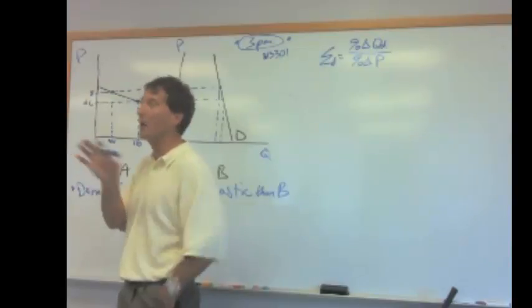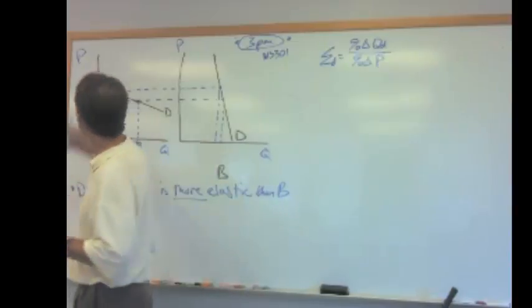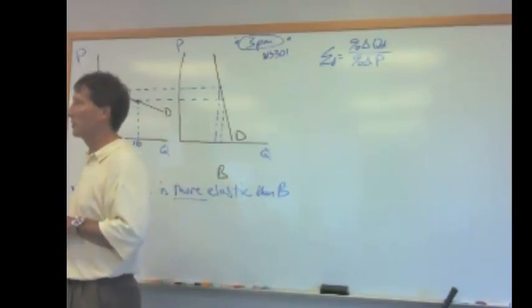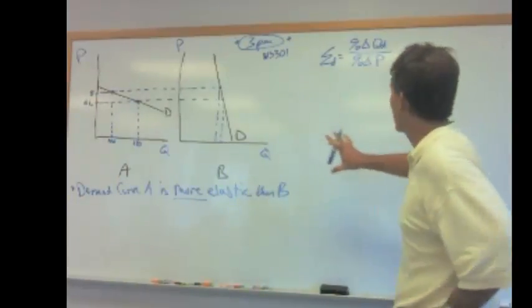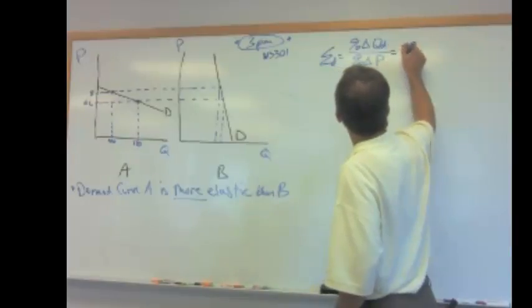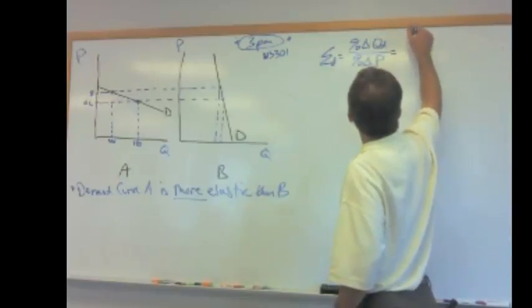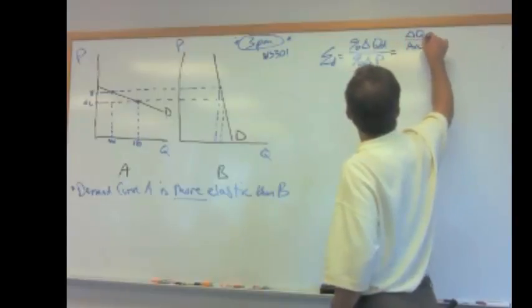That's a big difference. I don't want that to change. And so how we fix that is to take the average of the two numbers. All right, so for our class for elasticities, it's called the midpoint formula. We're going to take the change in quantity divided by the average quantity.